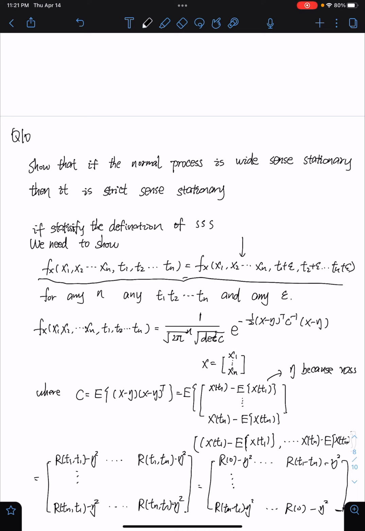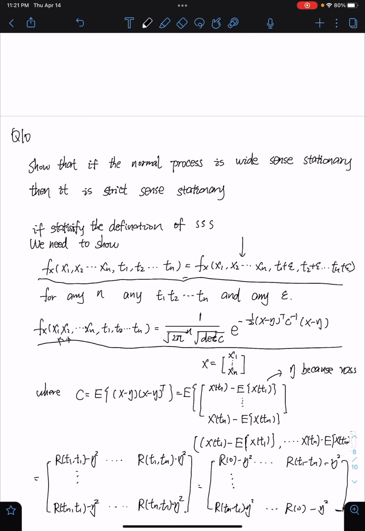So first, let's write the probability density function of the normal process, which is like this, because each x is independent and identically distributed, so we can write the function like this.